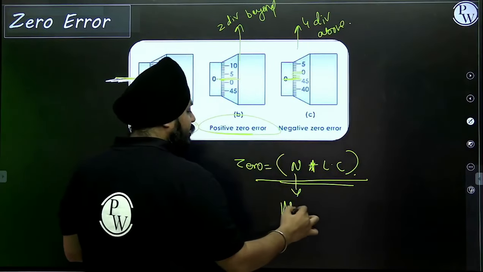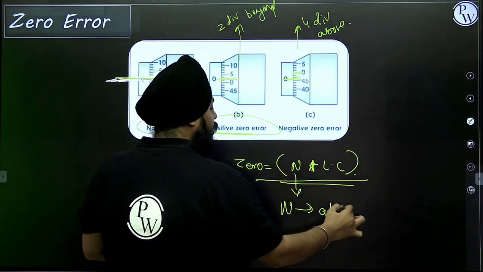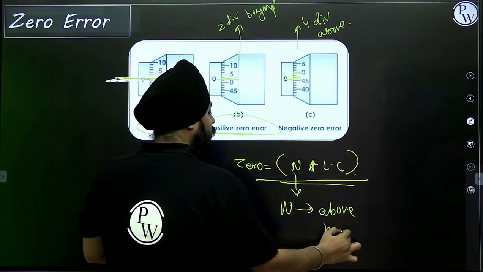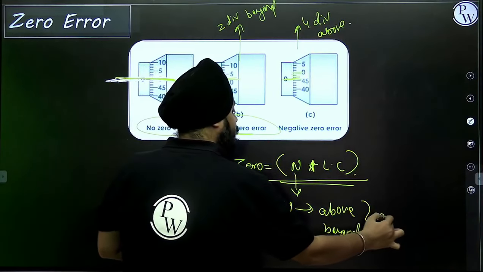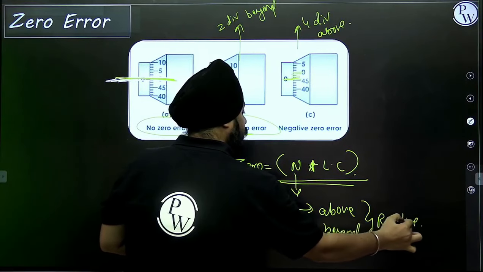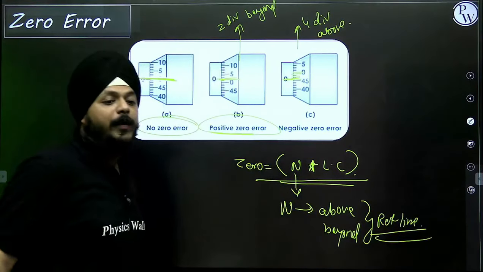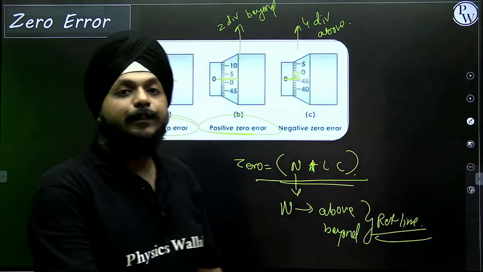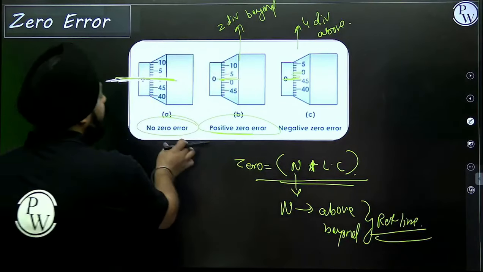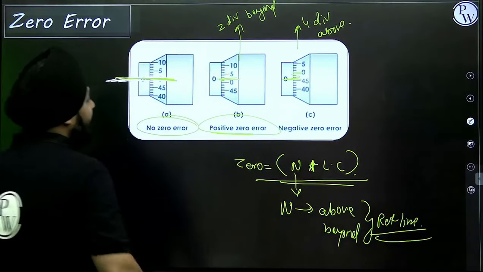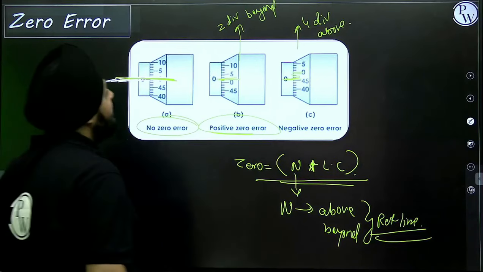So n divisions above or beyond the reference line. So this is no zero error, positive zero error and negative zero error. So what will be the nature of the zero error?